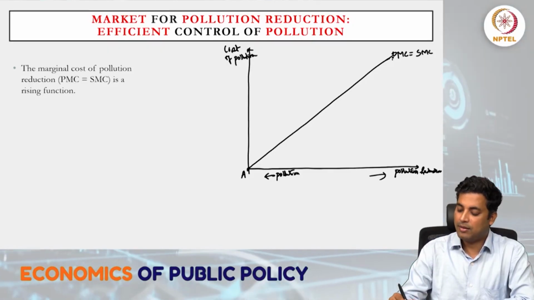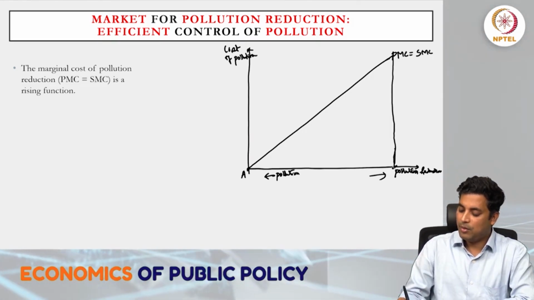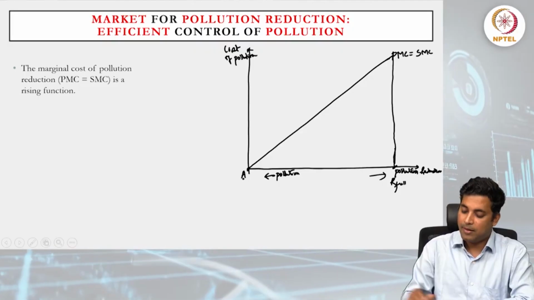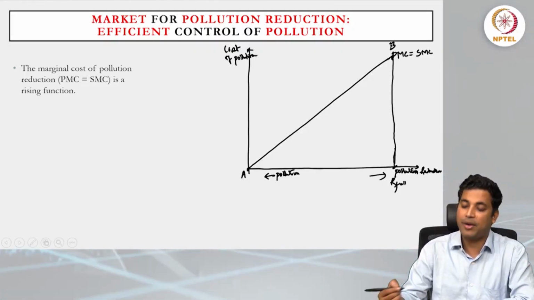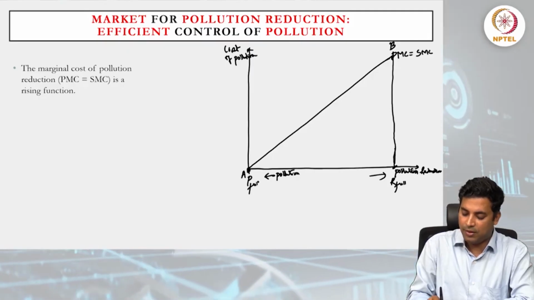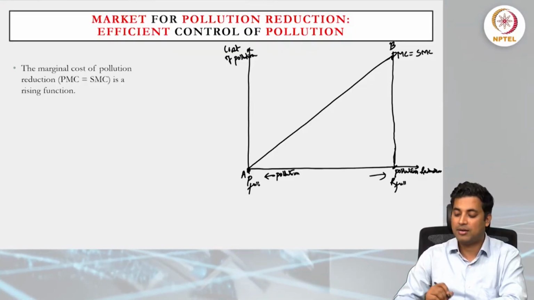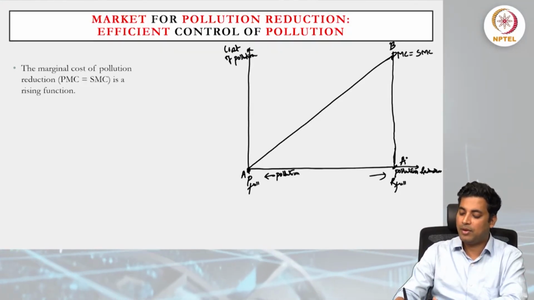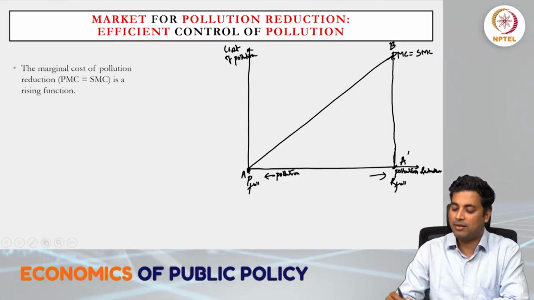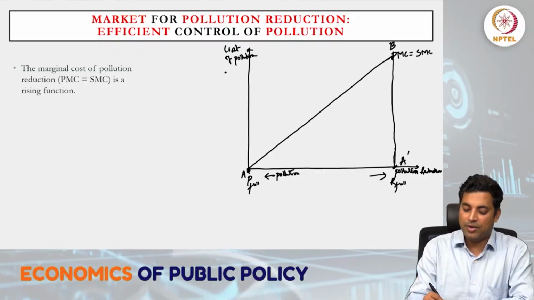At the point where pollution reduction is at the full level, this is point B, and at point A, pollution level is the highest and reduction is completely reduced, at point A dash, at point B where we reach private marginal cost equals social marginal cost.